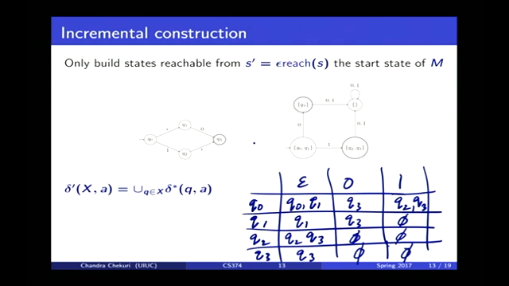Now we also have to figure out what the accepting states and the transitions are. When does an NFA accept a string? If it can reach some accepting state, right?